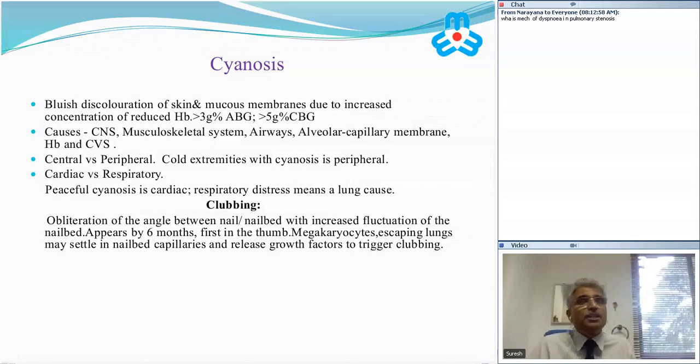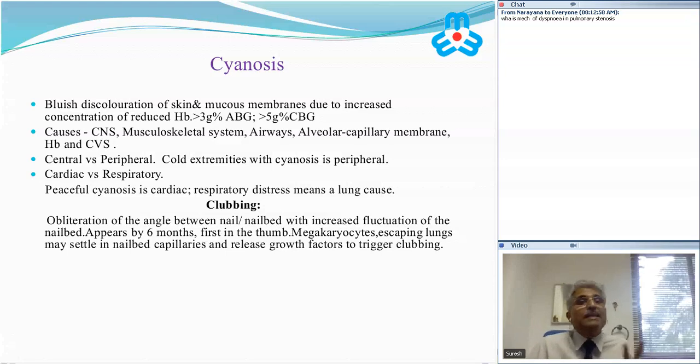The logic is, if a respiratory reason is responsible for cyanosis, you expect respiratory distress. So if there is obvious respiratory distress, as in a pneumonia or a bronchopneumonia, there would be cyanosis, but the child would be distressed. But in a tetralogy of pulmonary atresia, where the saturation is 40%, you may find that the respiratory rate is fast, but the baby looks otherwise comfortable.